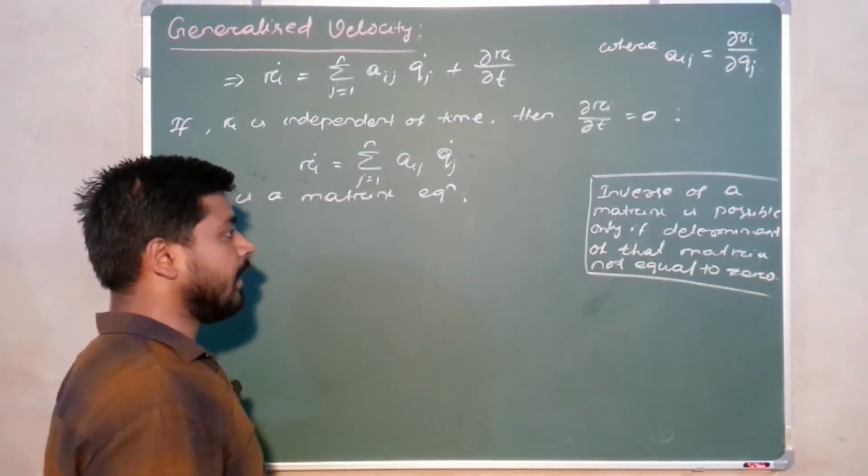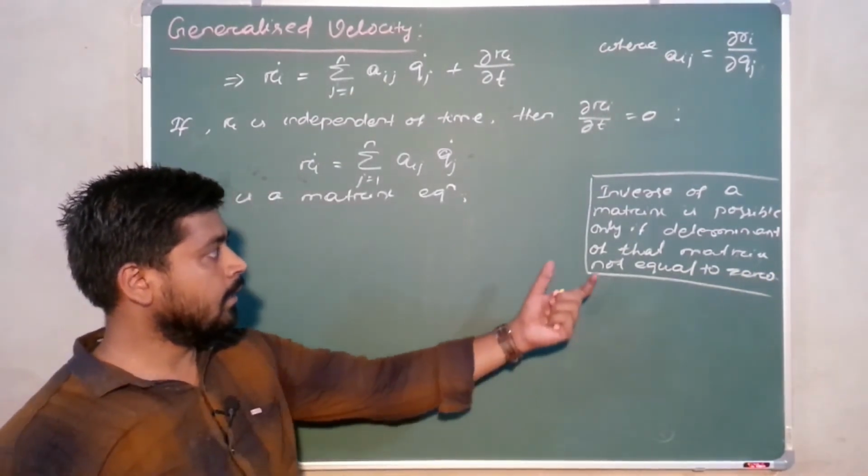If the determinant of a matrix is not equal to 0, then the inverse is possible.